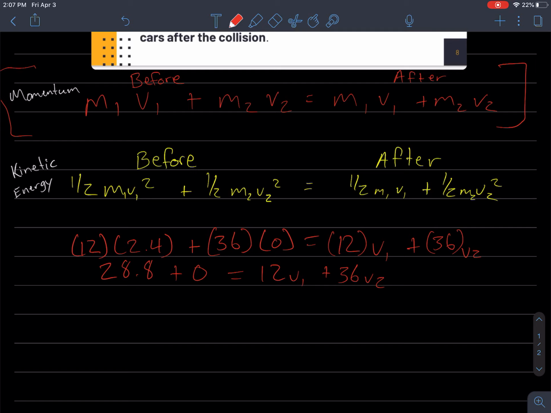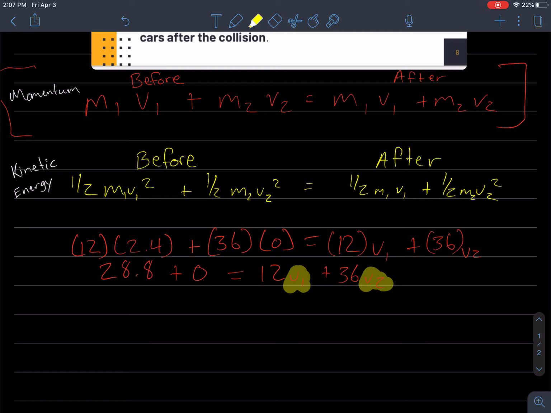We can't combine 12v1 and 36v2 just because as far as we know right now, they are two different velocities. What we can do, however, is try to isolate for one of these two velocities. I'm just going to go with our first velocity here.